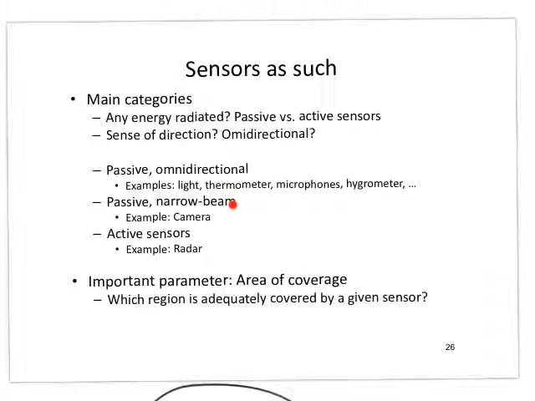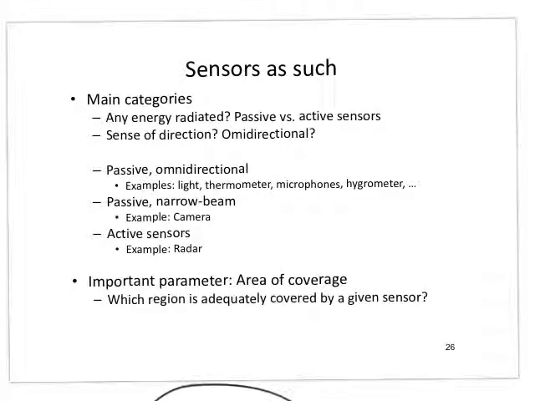So in that case, although it has some analogy with communication and things like that, here the concepts are different. You can have some area coverage. So area coverage is actually a separate research problem on its own, even apart from communication.